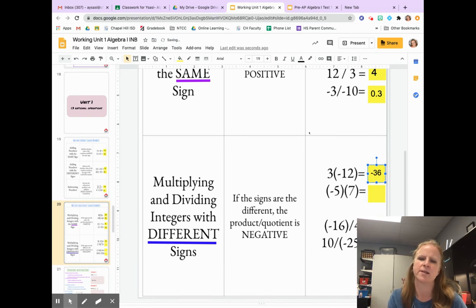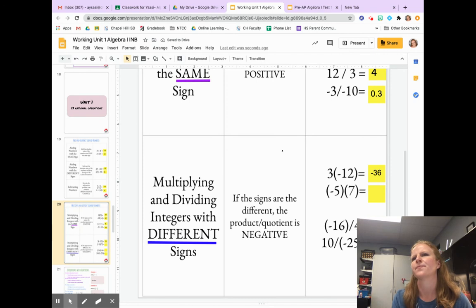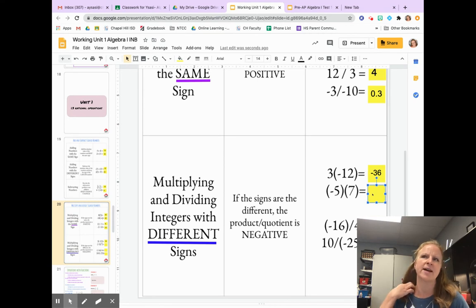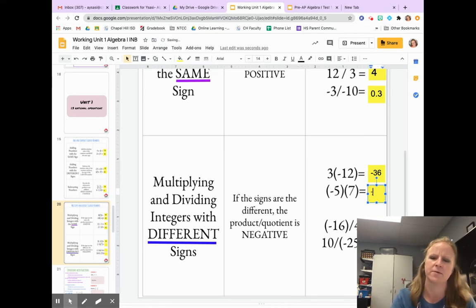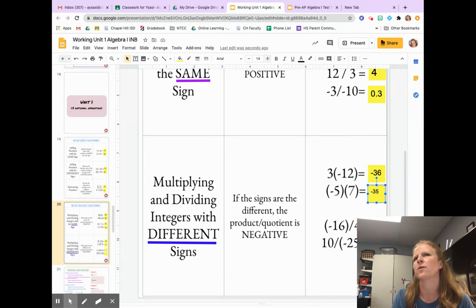There we go, 19 will work. So the next was negative 5 times a positive 7. Different signs mean it'll be negative. 5 times 7 is 35. Click on it. We are going to make it bigger.